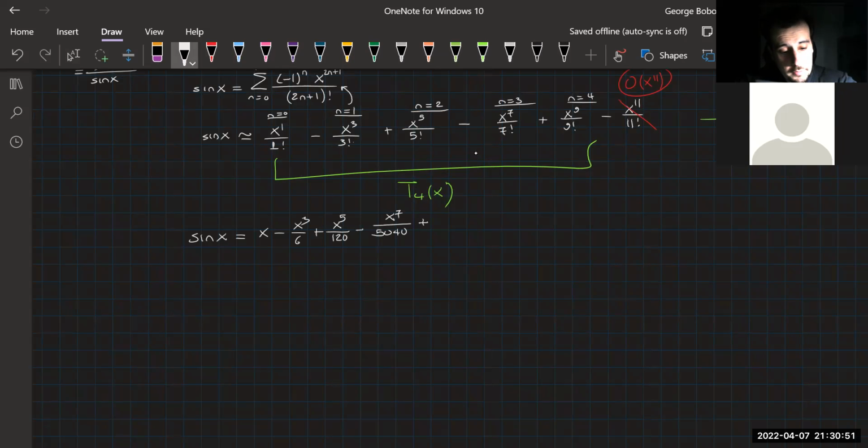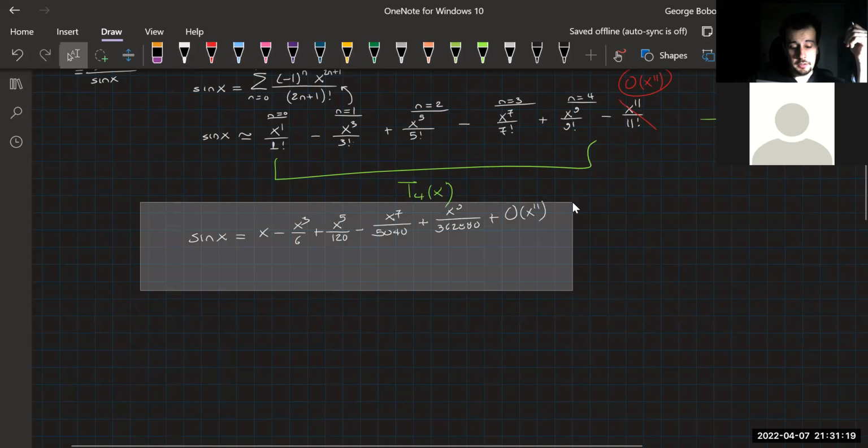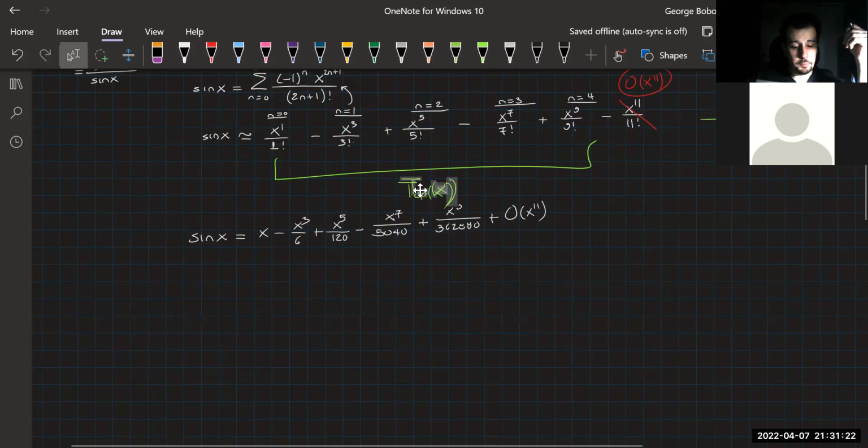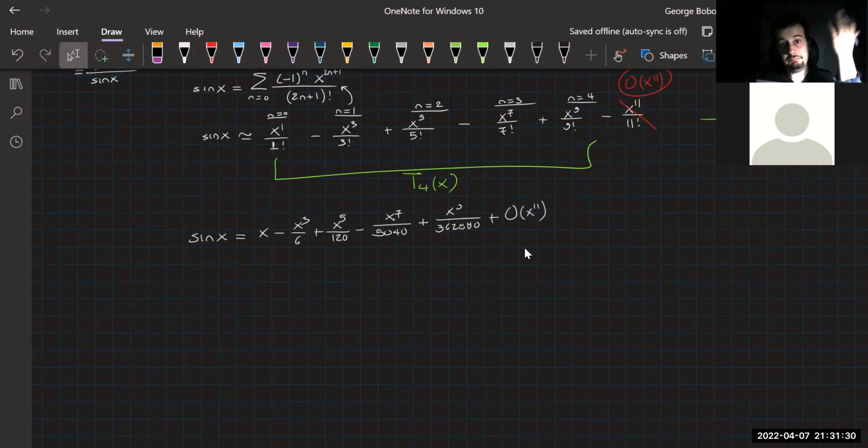And then 9 factorial, 5,040 times 8 times 9, is a very big number, 362,880, with x to the 9th. And then plus other terms, that's what the O stands for, of lowest order x to the 11. That's how we would express the fourth order approximation of sine. We would say it's this plus some other terms of order x to the 11. That's what's up.